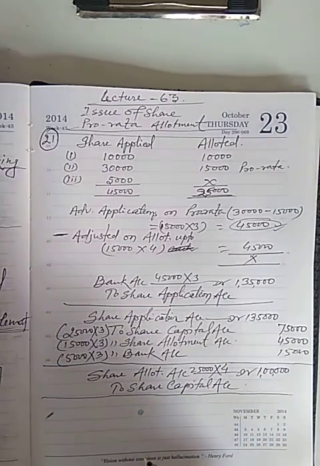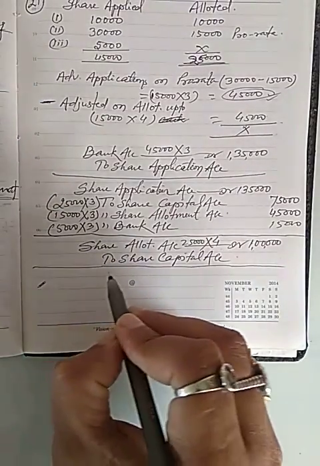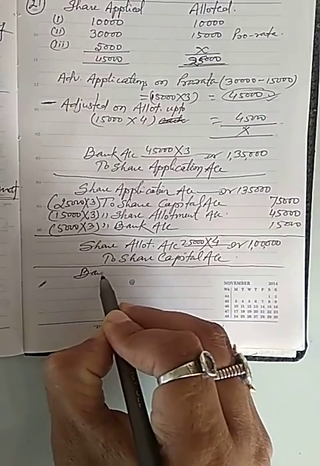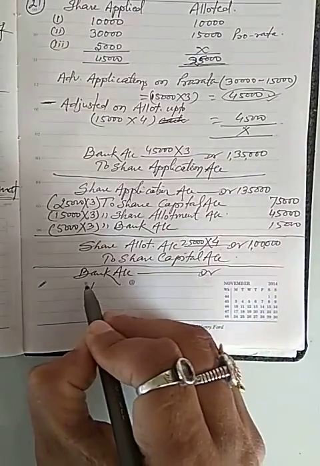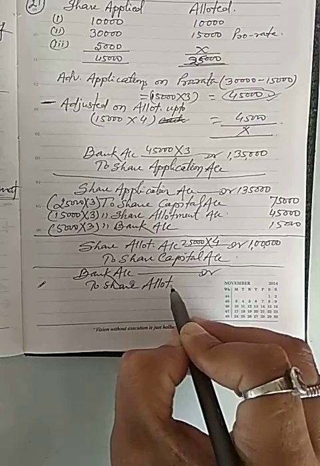Now the next journal entry will be for receiving the allotment money. So the journal entry will be bank account DR to share allotment account.